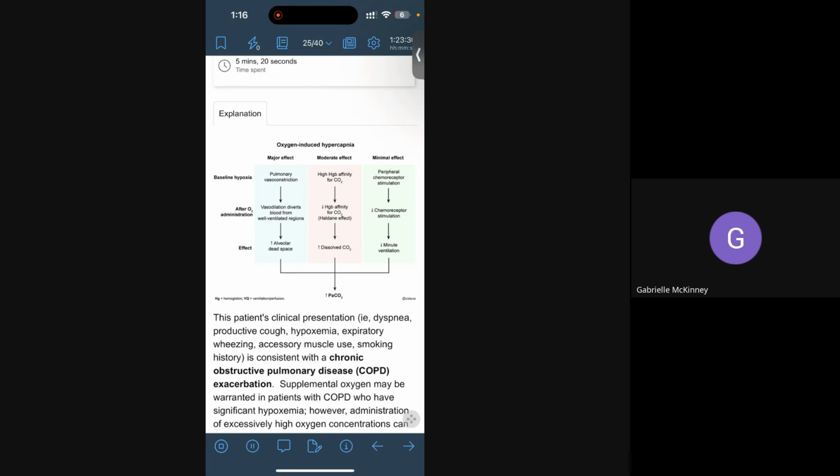If a good alveoli gets a good blood supply, that's okay. If a bad alveoli gets a bad blood supply, that is also okay. But if a bad alveoli gets a good blood supply, that is a mismatch. The bad alveoli should get a bad blood supply, but by giving oxygen we artificially increase the blood supply to that area as well. So in this way a bad alveoli gets a good blood supply, which is going to increase the mismatch.